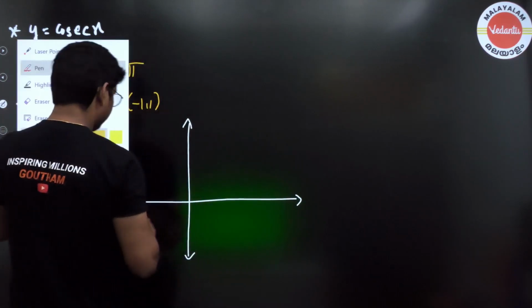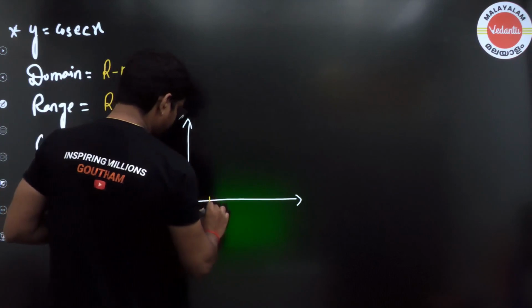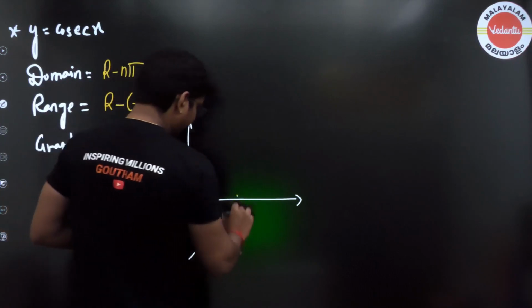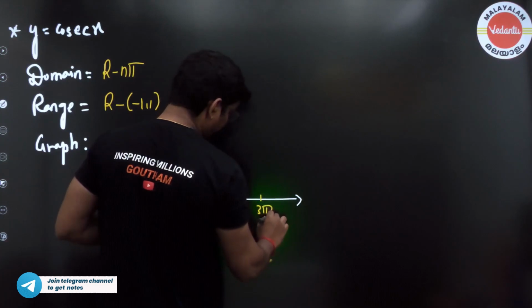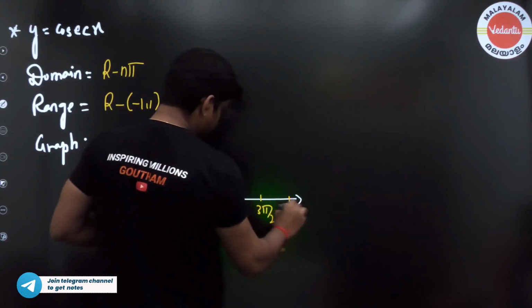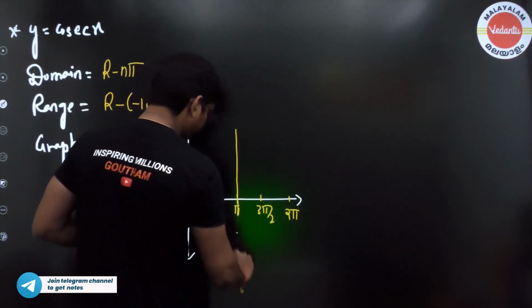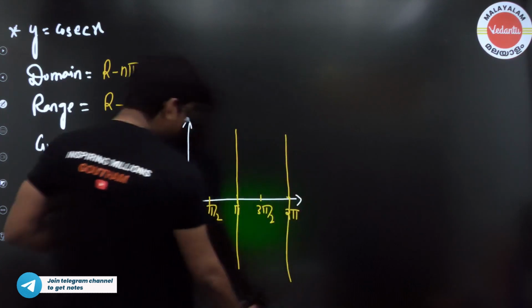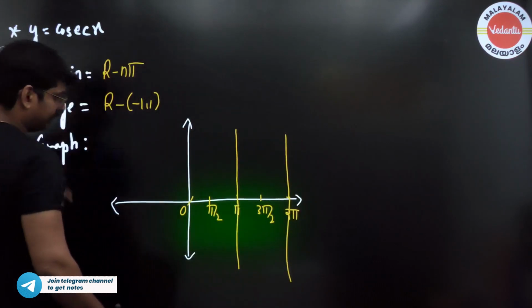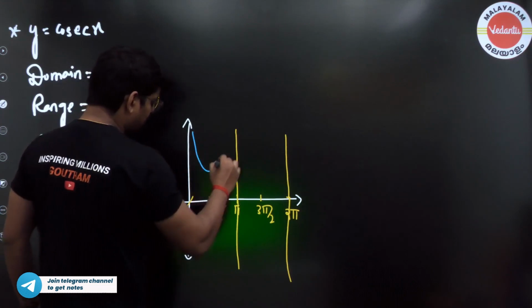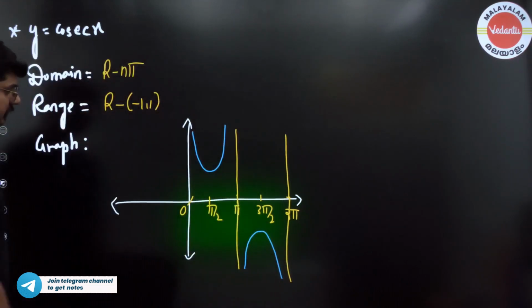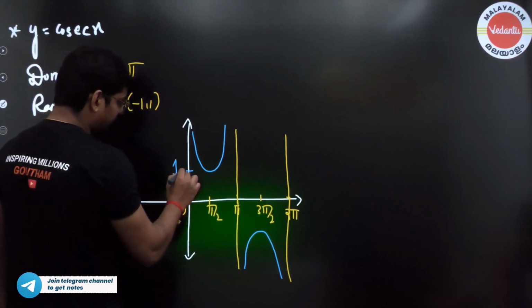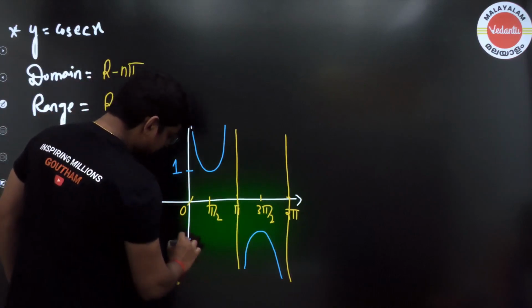So here let me take 0, let me take pi by 2, and again you have pi, 3 pi by 2, and 2 pi. Let me draw these lines at the multiples of pi, and you can clearly see that this is how the graph is going to look like. Okay, so this is 1, the maximum, and this is the minus 1 value.